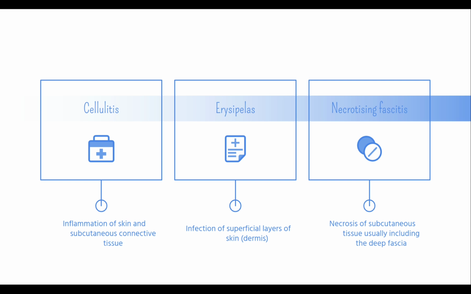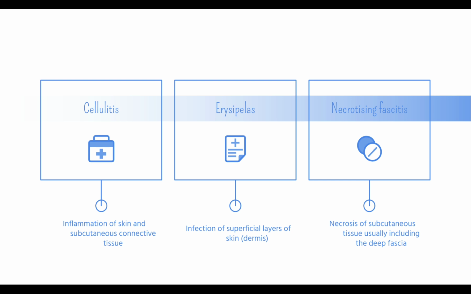This is a part I think you should all know, because it's usually asked in the exam. What is the differential between cellulitis, erysipelas, and necrotizing fasciitis? In cellulitis, there is inflammation of the skin and subcutaneous connective tissue, and as I told you previously, there is no demarcation in the redness.